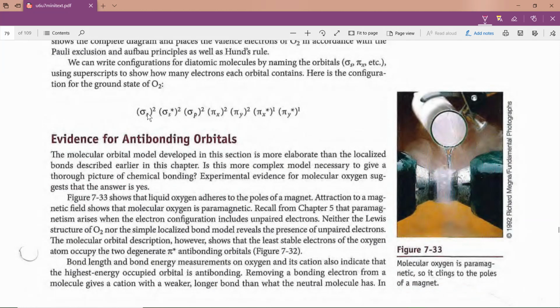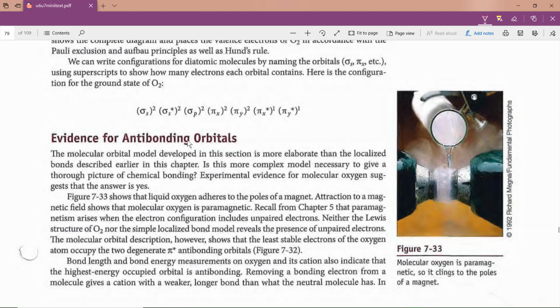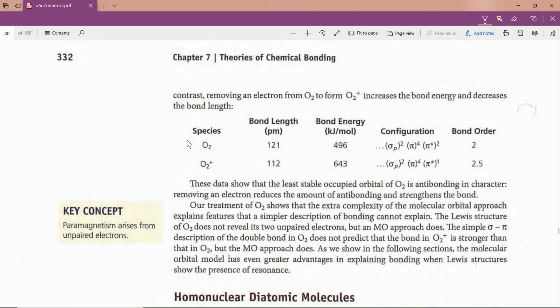You could put a 2 in front of all, like sigma 2S, sigma 2P, but if it's the first time you're looking at it and you know you're in the second row, you could just leave off the little 2 in front of the X's and Y's and S's, and it'll be okay. Evidence for antibonding orbitals, I just mentioned that, about the paramagnetism, and so that's good.